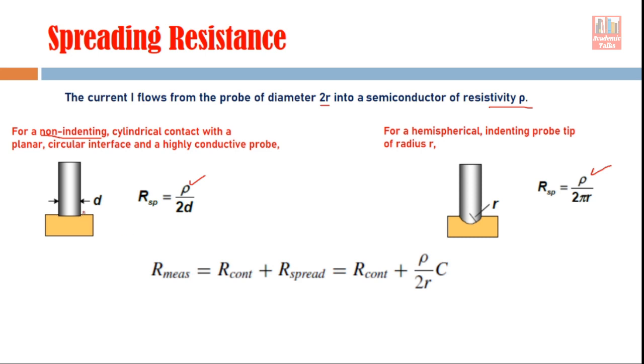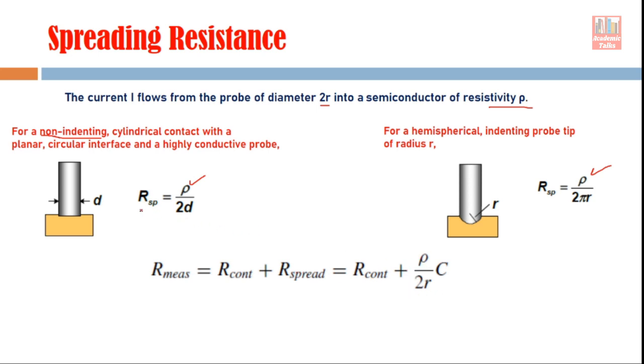If we are using this setup for doing some measurement, of course we will use 2 probes, and in that case there will be 2 here and there will be 2 here. Contact resistance and spreading resistance will come into the picture. Remember, I am assuming that the resistance offered by the semiconductor is negligible, right? So we can write it like this also. The spreading resistance is inserted here.